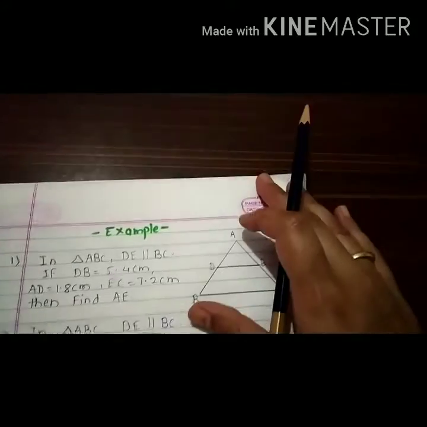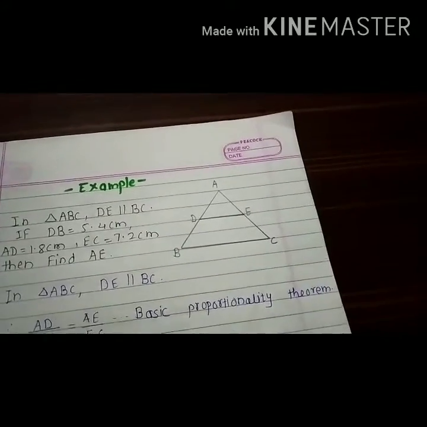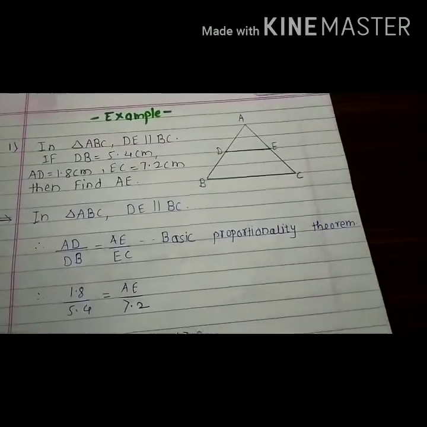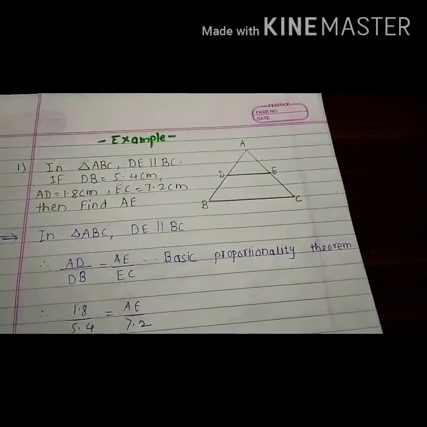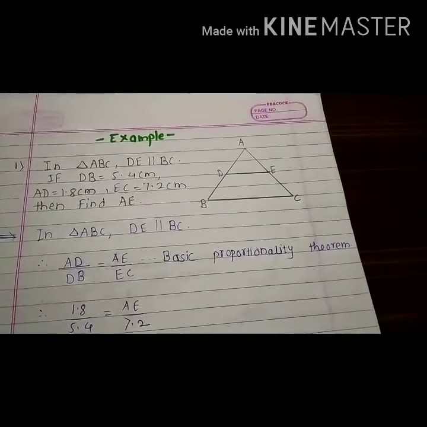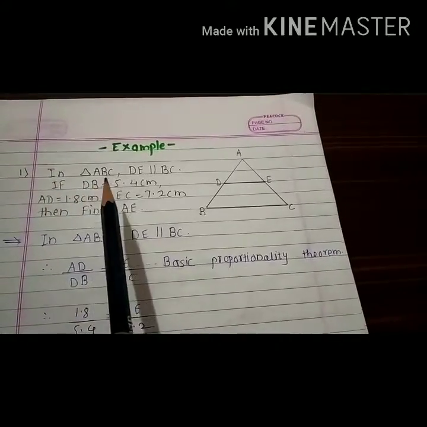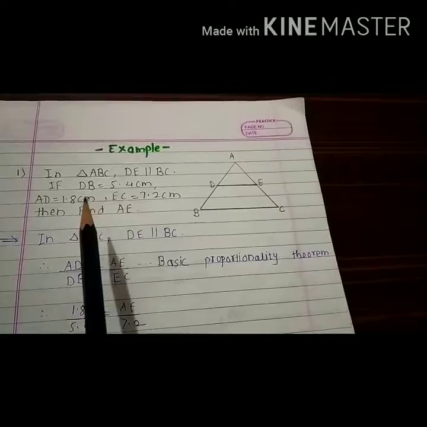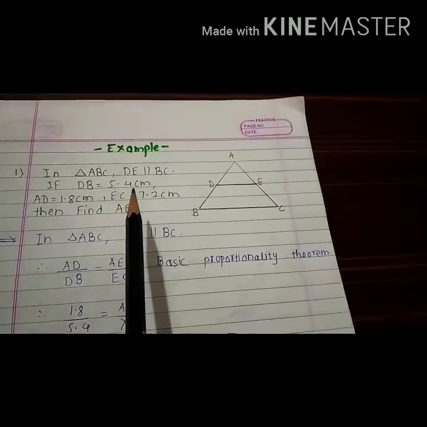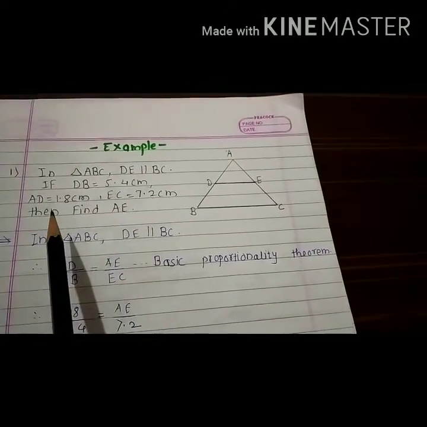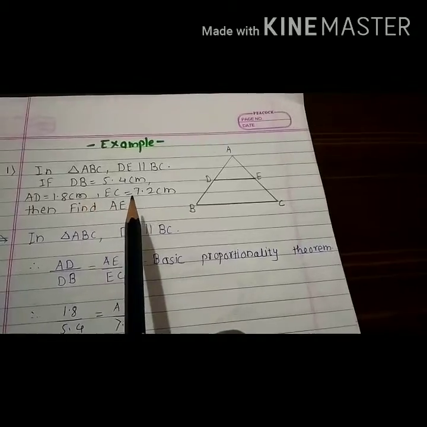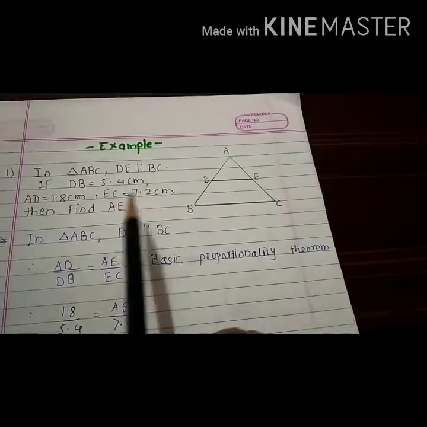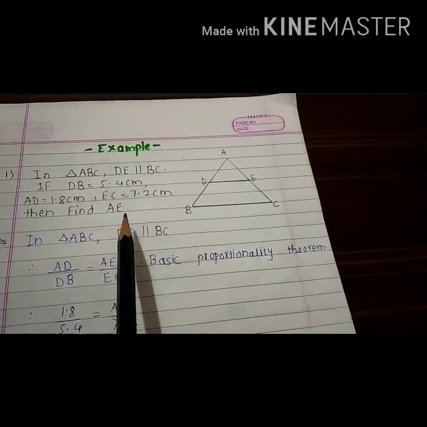Now we will discuss the examples based on the basic proportionality theorem and angle bisector theorem. First of which, in triangle ABC, DE is parallel to BC. If DB is equal to 5.4, AD 1.8, EC 7.2 centimeter, then find AE.